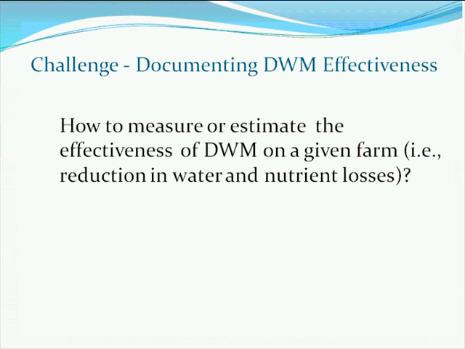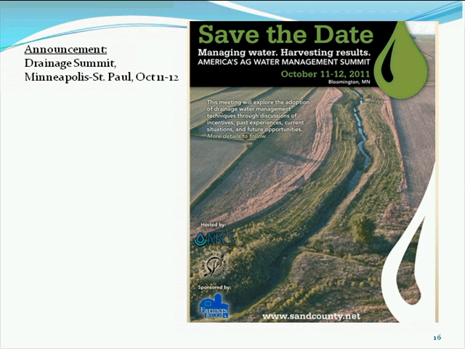I think modeling and experimentation obviously would be highly desirable, but that's demanding, needs data, would require time. At a minimum, we know that volume reduction is equal to nutrient reduction, and hopefully our NRCS specialists, ARS and university faculty can provide some guidelines or simple means of estimating the effectiveness of drainage water management.